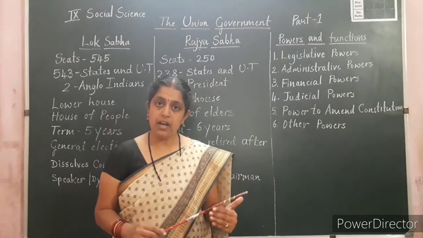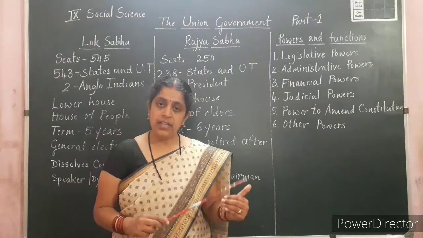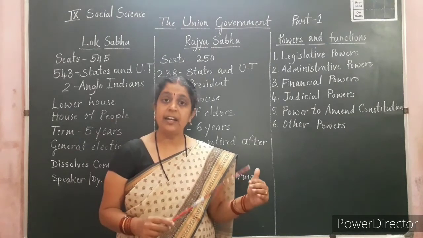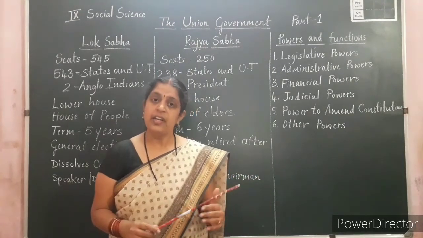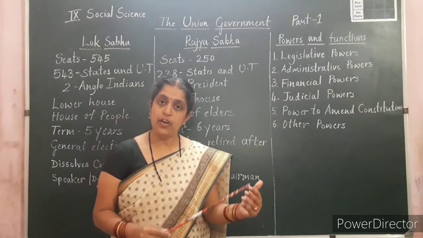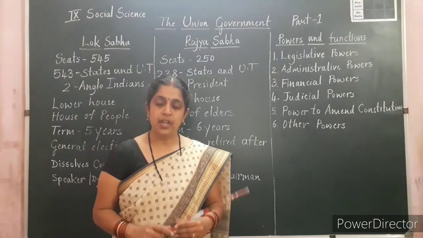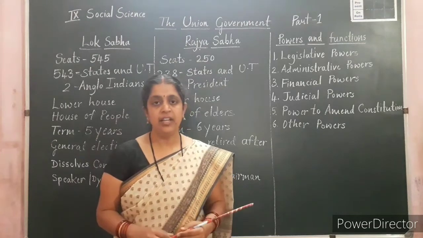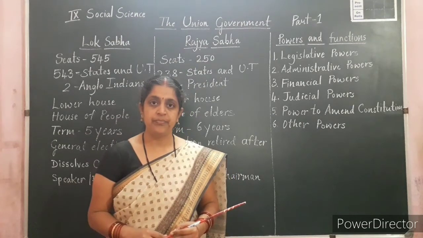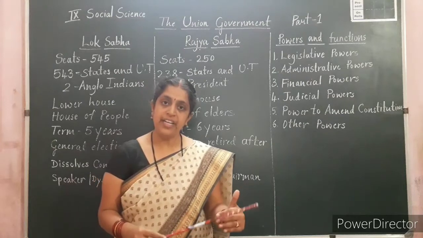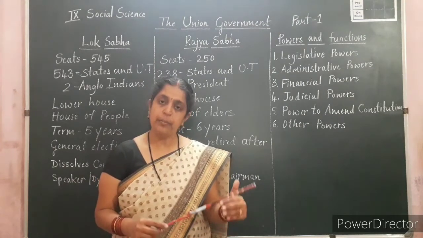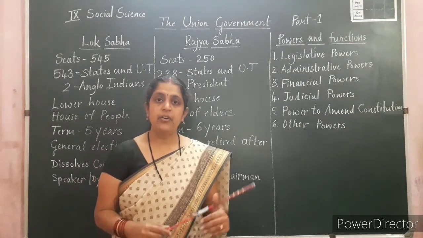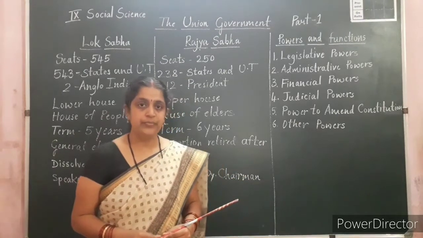If only one house approves the amendment and the other does not, then the amendment cannot be carried on. After the approval, they amend the law by bringing the Amendment Act.